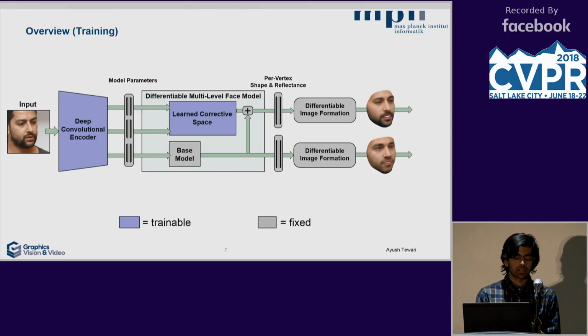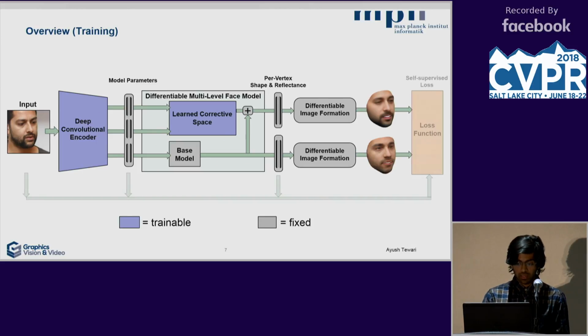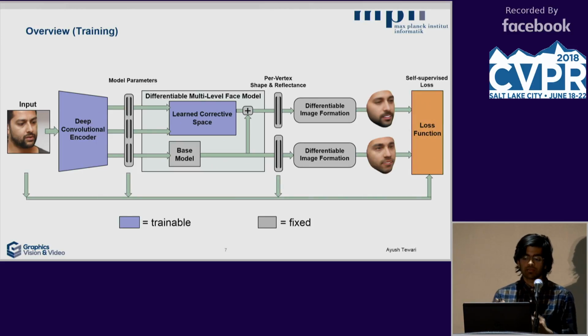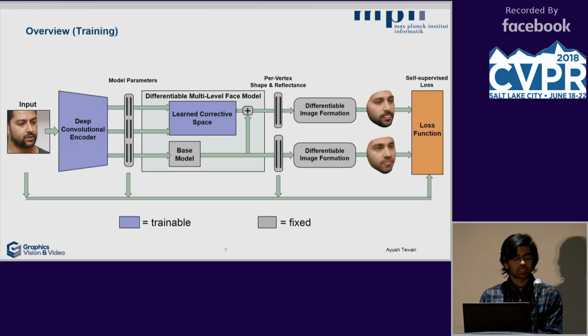So these are rendered images corresponding to the reconstructed faces. Once we have these renderings, we have a loss function which compares these renderings to the input images, and the network uses this loss function in order to train the trainable components of the network. Note that all different modules of this network are differentiable, and thus we can use backpropagation to train our models.